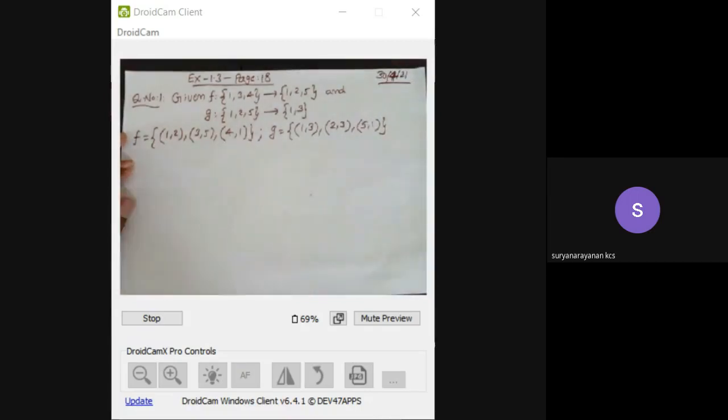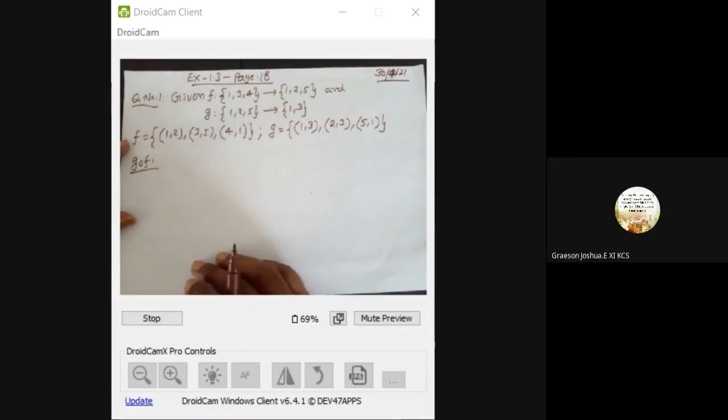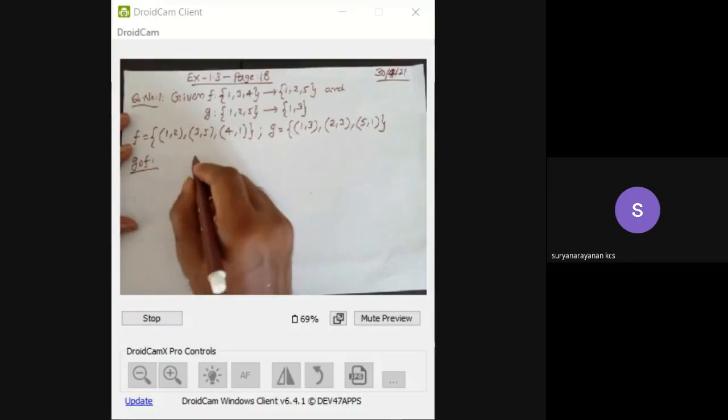Now we have to find G circle F. G circle F means what should we find? Take the first function. What should be the first function here? F, sir. Yes, F.